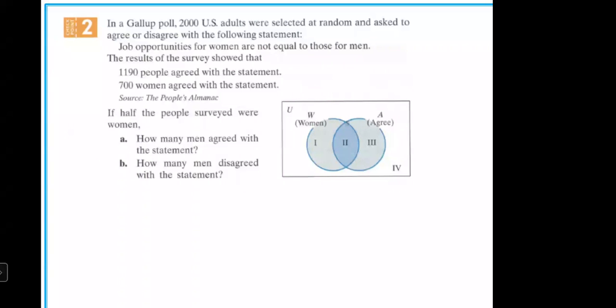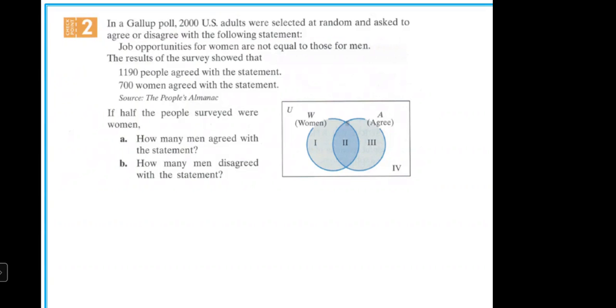So you can deduce from the way it is shown here that a portion of this would be men, but as far as the information given from the question, their focus is on women and women who agreed with a particular statement. And so that's why they have the Venn diagram.